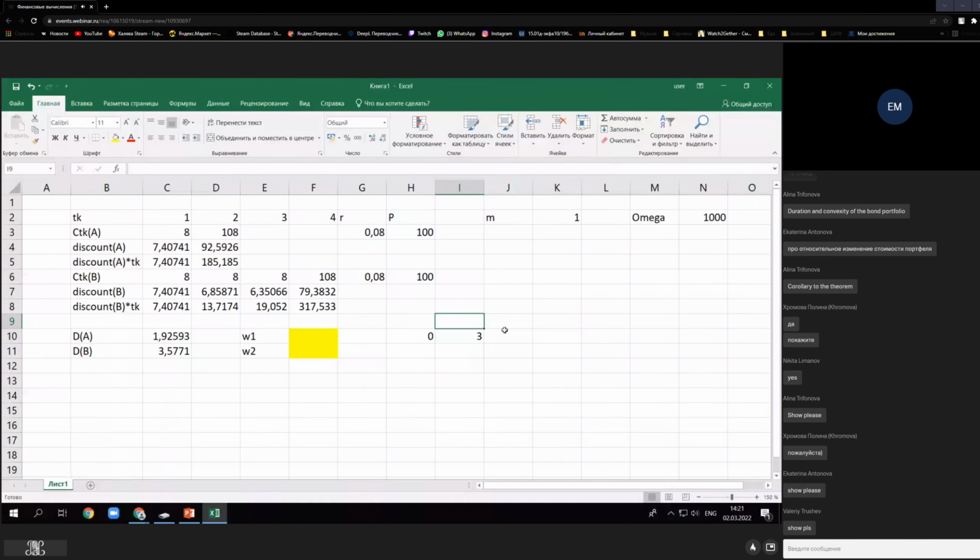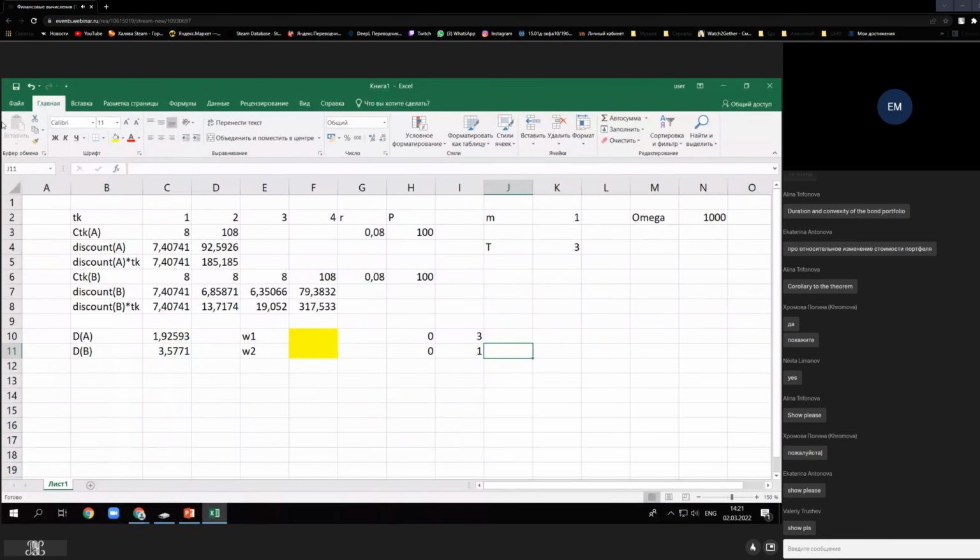Let's write here that the initial time horizon is 3. So here you should make it equal to this one. Also, we know that the sum of weights, so this plus this, will be equal to 1.